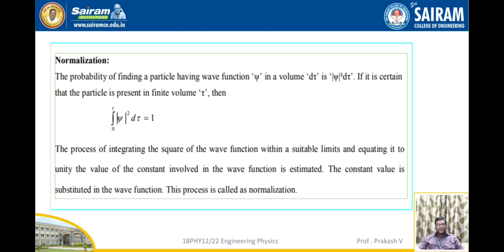In the process of integrating the square of the wave function with variable limits and equating it to unity, the value of the constant involved in the wave function is estimated. The constant value is substituted in the wave function. This process is called normalization.